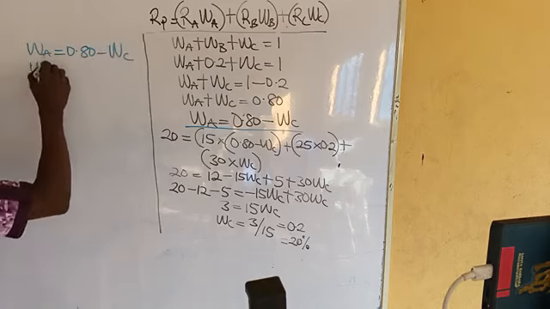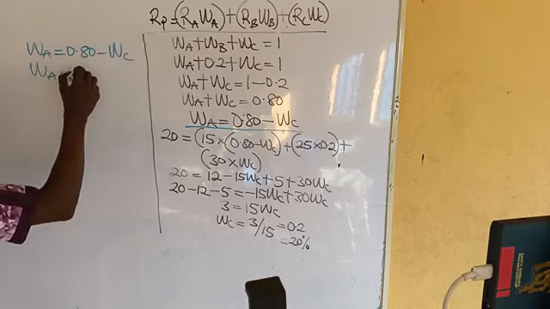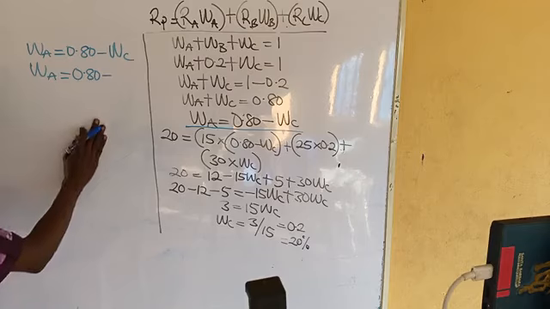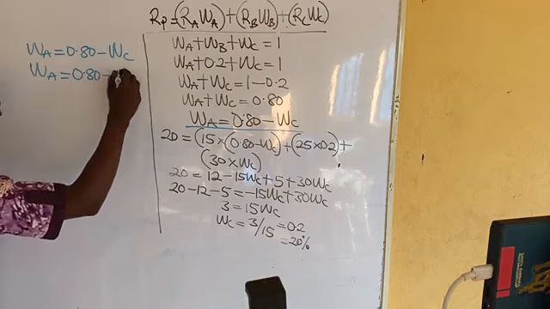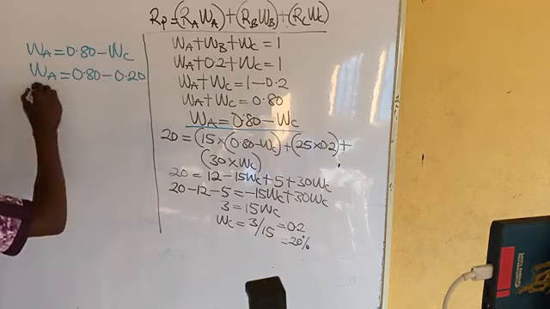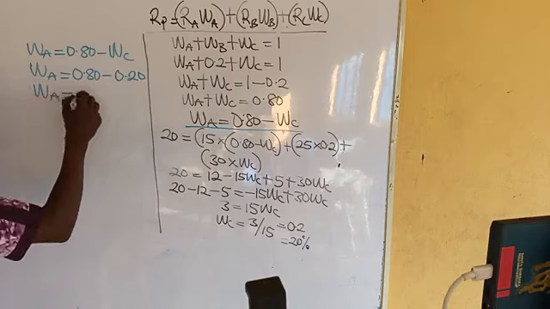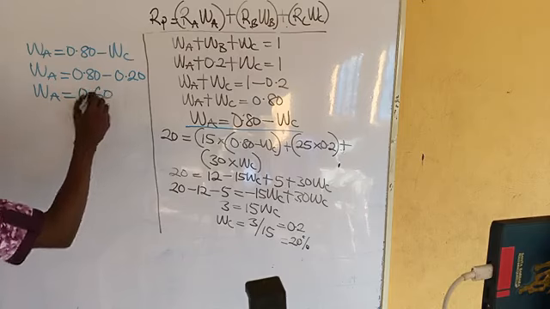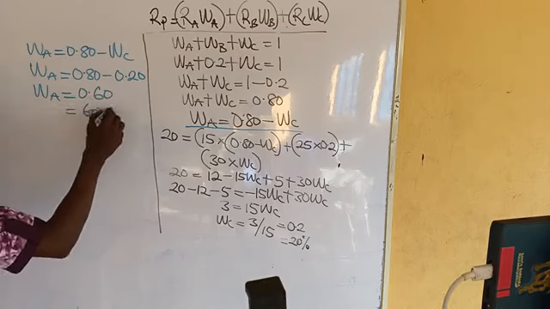So WA is equals to 0.8 minus what? What's WC? That's 0.2. So WA is equals to 0.6, which is equals to 60%.